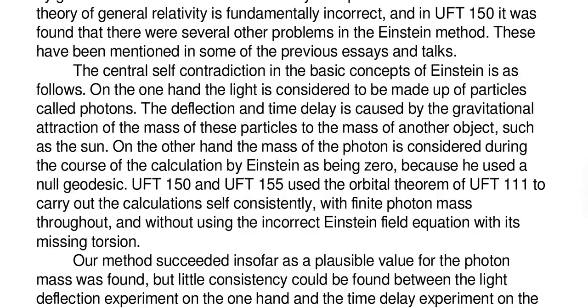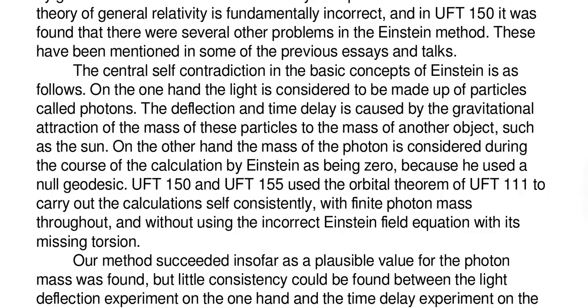On the one hand, the light is considered to be made up of particles called photons. The deflection and time delay is caused by the gravitational attraction of a mass of these particles to the mass of another object, such as the Sun. On the other hand, the mass of a photon is considered during the course of the calculation by Einstein as being zero because he used a null geodesic.